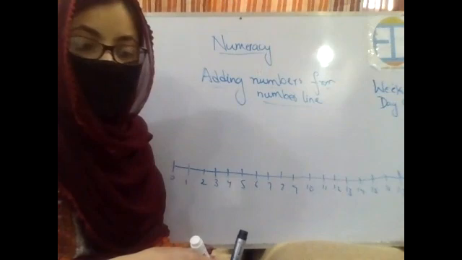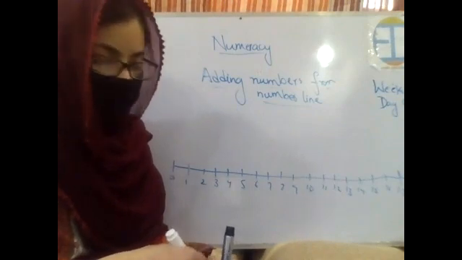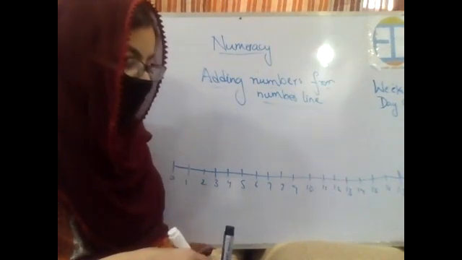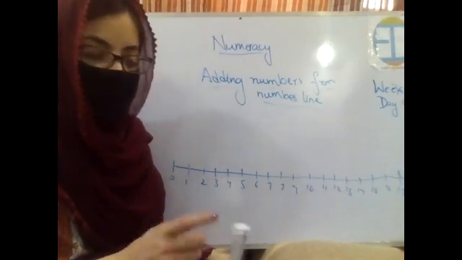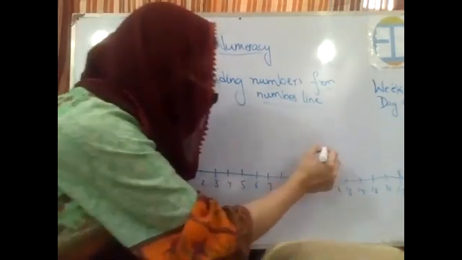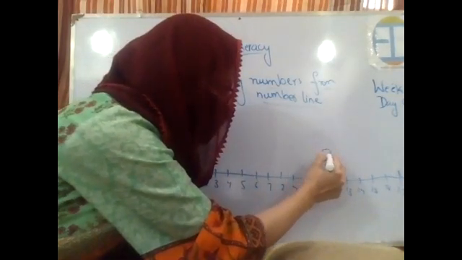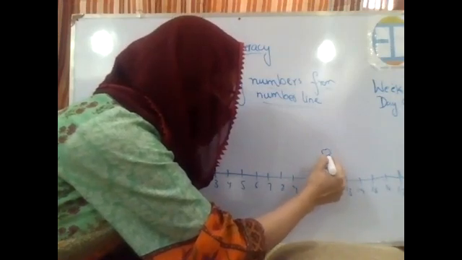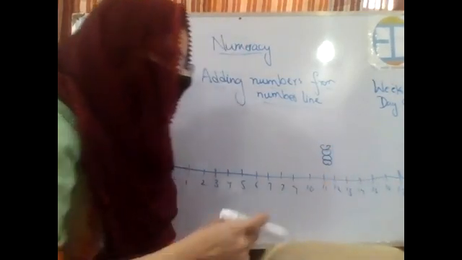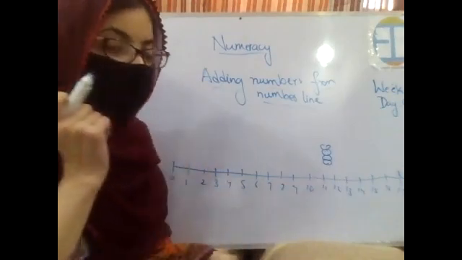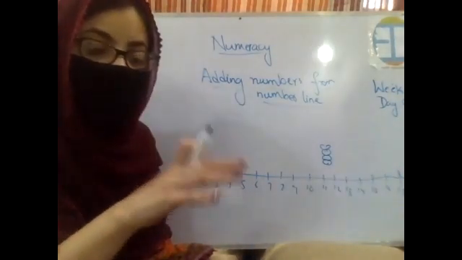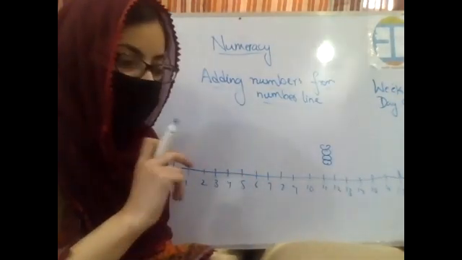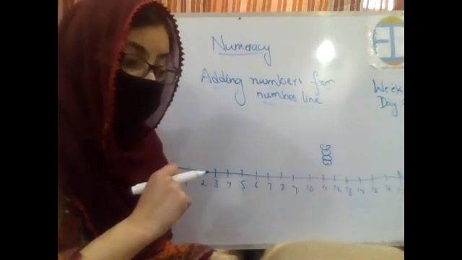It's starting from 0 and it ends at 20. So now what we are supposed to do, there is this small rabbit, or this teddy bear. Now this teddy bear will start hopping from one number and end at the other number. And you will find the difference between the two numbers.